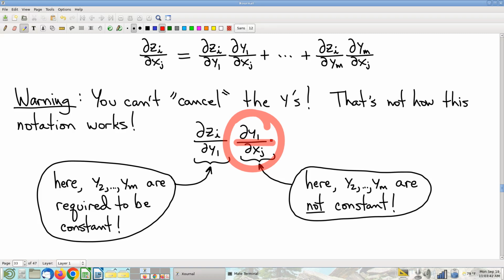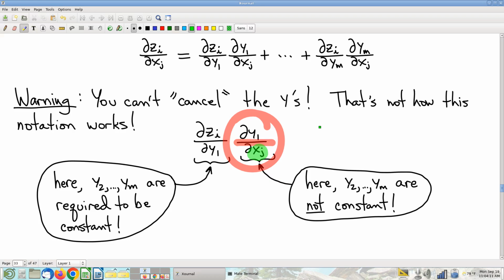You should think of this as being something that we compute as part of a particular scenario. And let me remind you, there's a very particular scenario here. Xj is my variable. When I say partial with respect to xj, that means now I'm going to hold all the other x variables constant, and I'm going to start fiddling with xj. Xj is going to change, and then I want to see how y1 changes as a result.